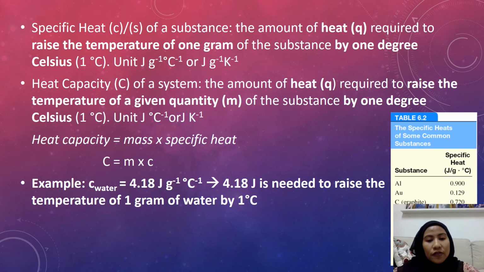The value is 4.18 joule per gram degree Celsius. It means that 4.18 joule is needed to raise the temperature of 1 gram of water by 1 degree Celsius.